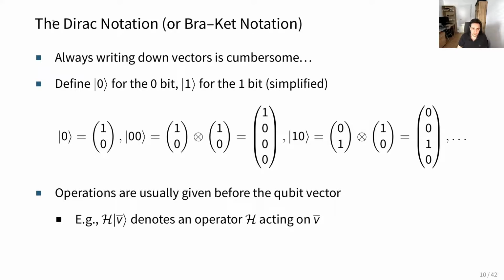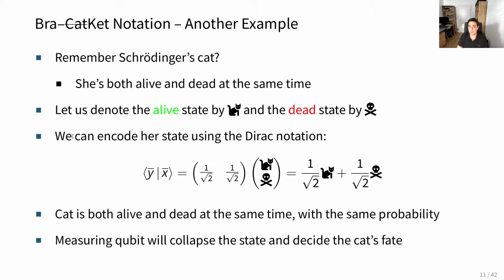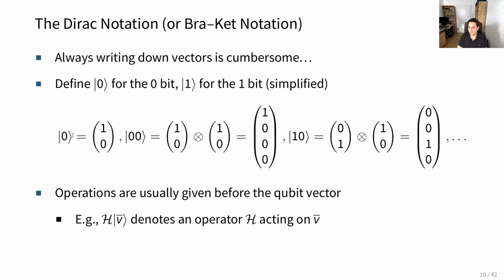So we have this thing which we call Dirac notation or bracket notation, and in a simplified manner, how this works is we basically write, for instance, the 0 bit as this cat. So this is actually a cat, but what we can do now, we can write 2 zeros, and this basically means the tensor product between these 2 qubits, which again gives basically a vector containing 4 states.